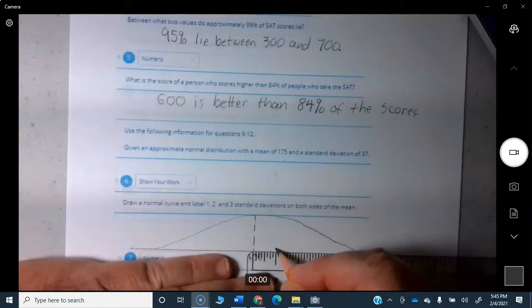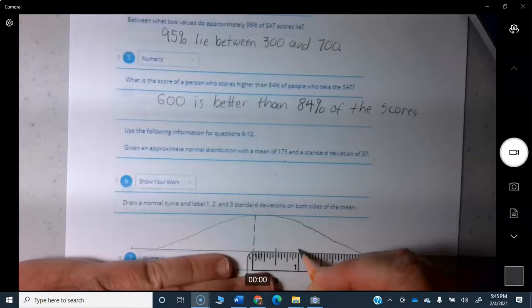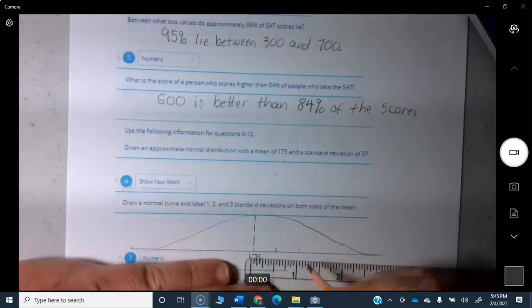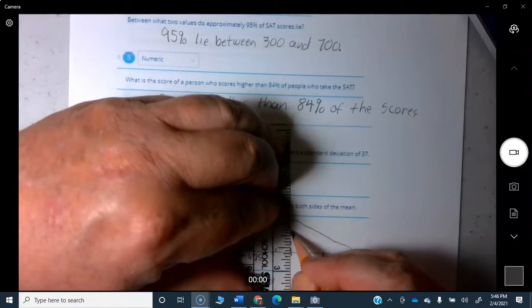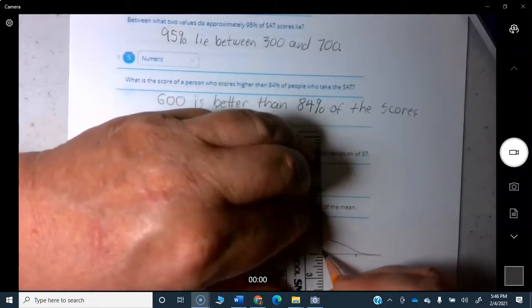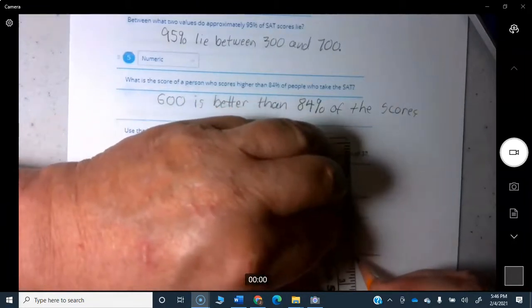Here we'll say that's one standard deviation. I'm going to say that's 1, that's 2, and that's 3. I'm just eyeballing it here, not really measuring.